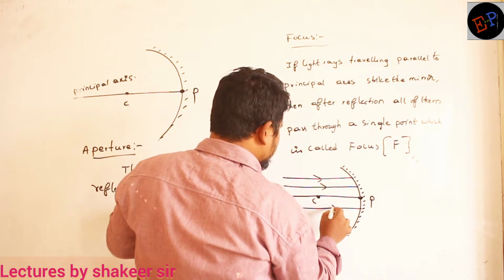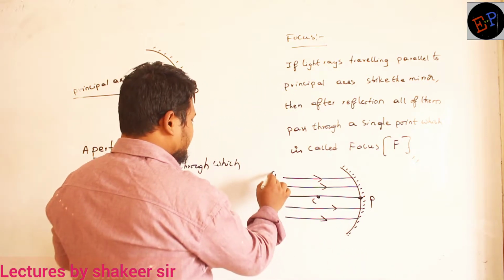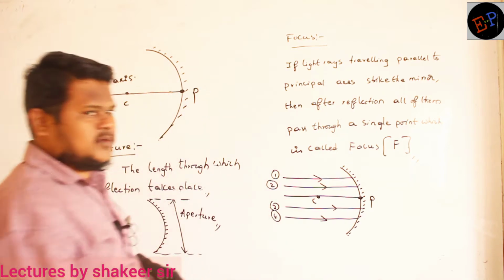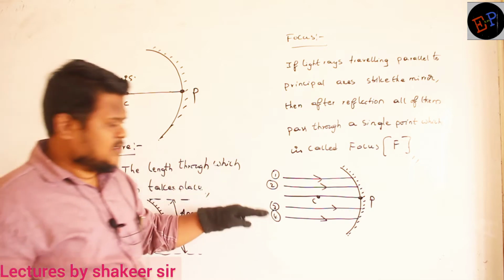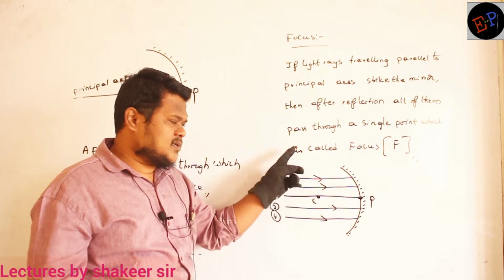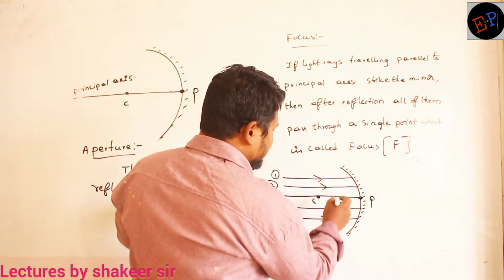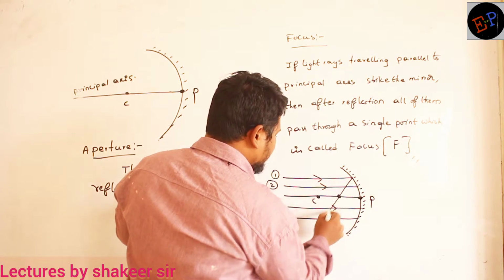This light ray is parallel, this one also, and this also. So ray number 1, ray number 2, ray number 3 and ray number 4: four light rays are passing parallel to the principal axis. Then after reflection, all of them pass through one point, and that point is nothing but the focus.